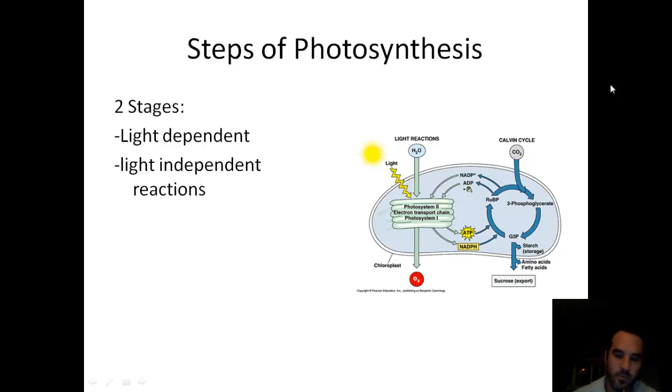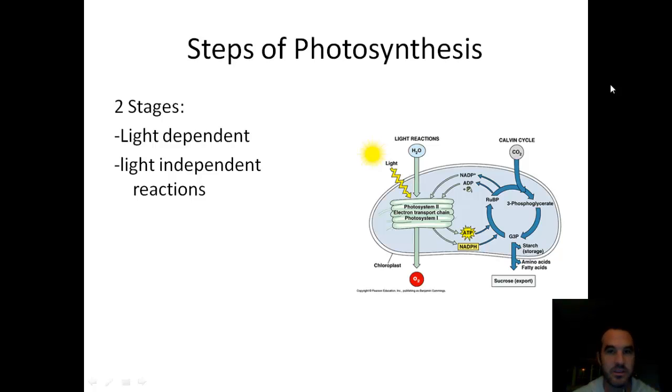And so by breaking the reaction into two parts, it's able to use the energy of the sun when it's available, and store up high energy carriers to be transported and used later. Then, during the daylight or in the dark, no matter what, it can run the dark reactions.